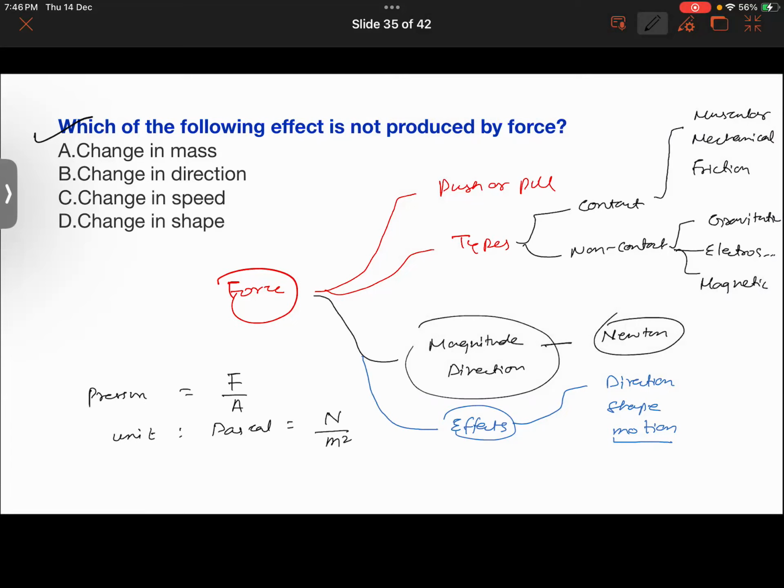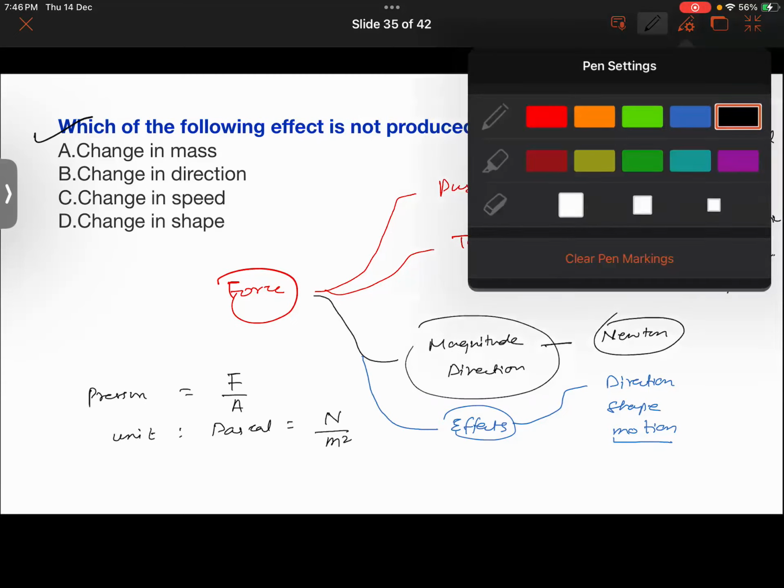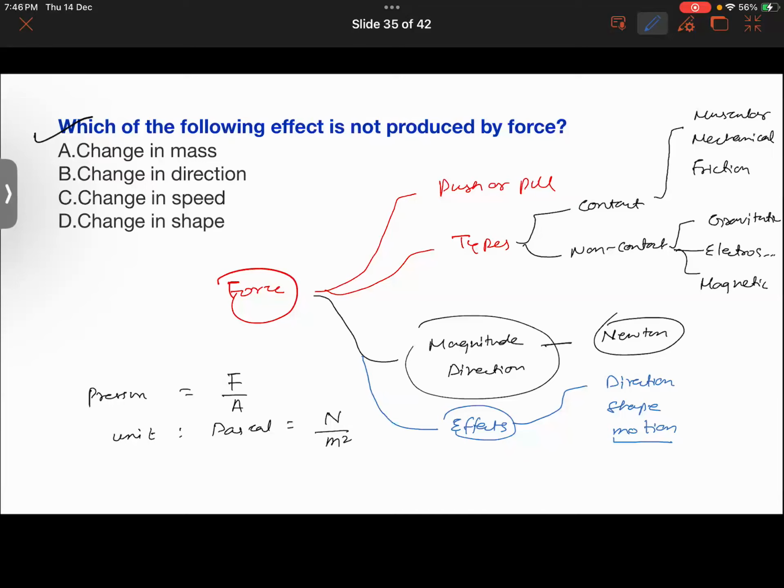Talking about the application of pressure in our daily lives, the straps of bags are made wider, broader, right? So the area of contact is more, thereby the pressure on the shoulders decreases while you are carrying the bag.